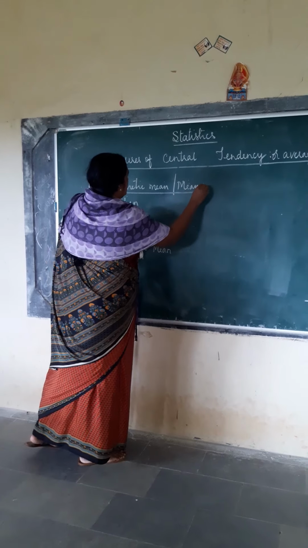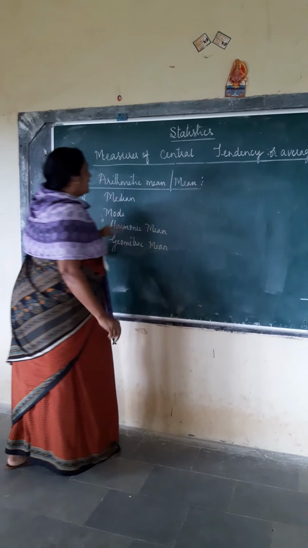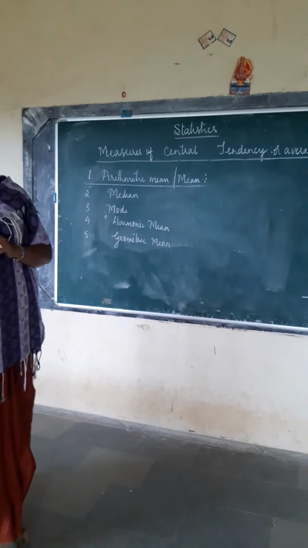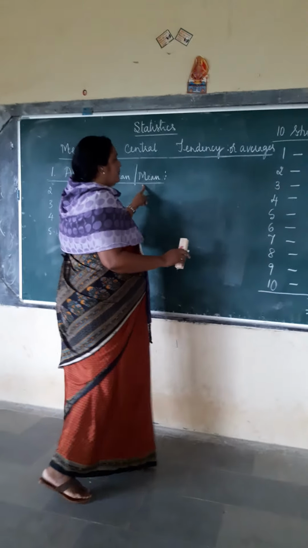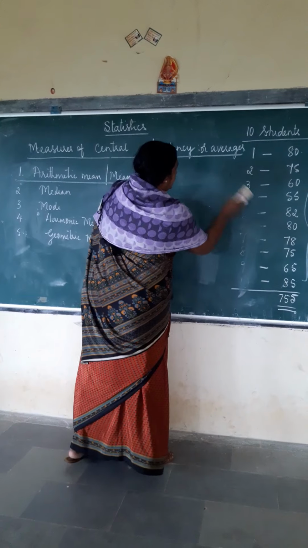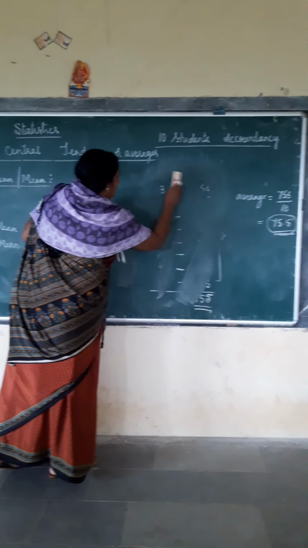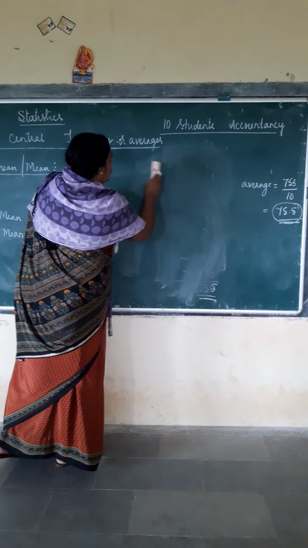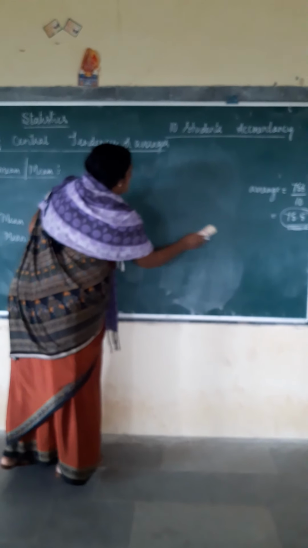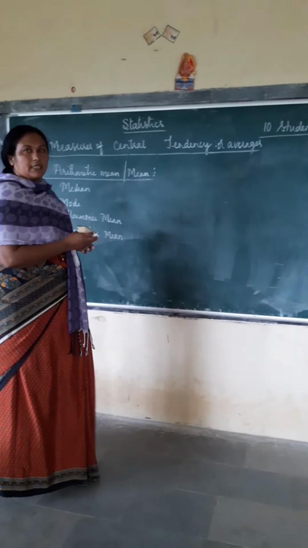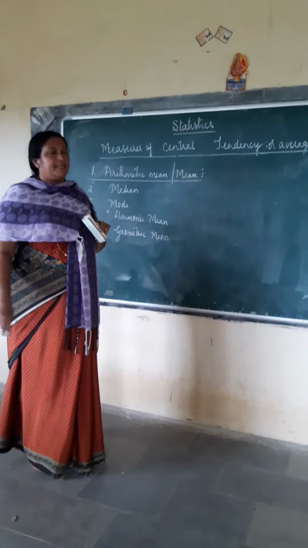Let us take the first one, that is arithmetic mean or mean. Arithmetic mean or mean is calculated by dividing the total sum of all the items in the group by the number of items.